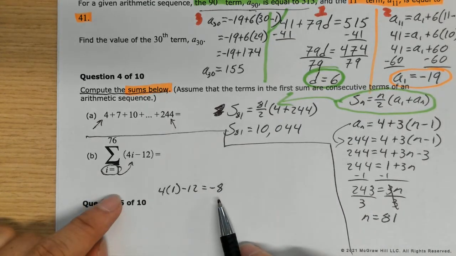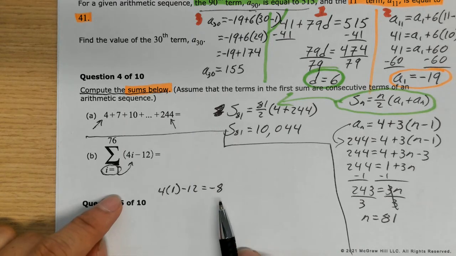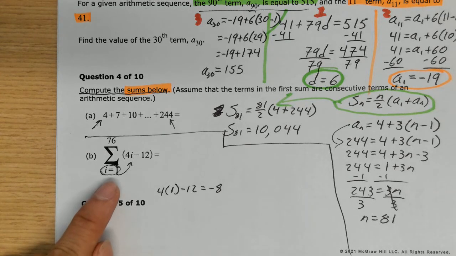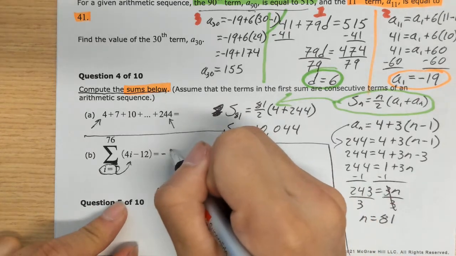I just plugged in the value given here for I, because that tells me my first value. So minus 8 is my first value.